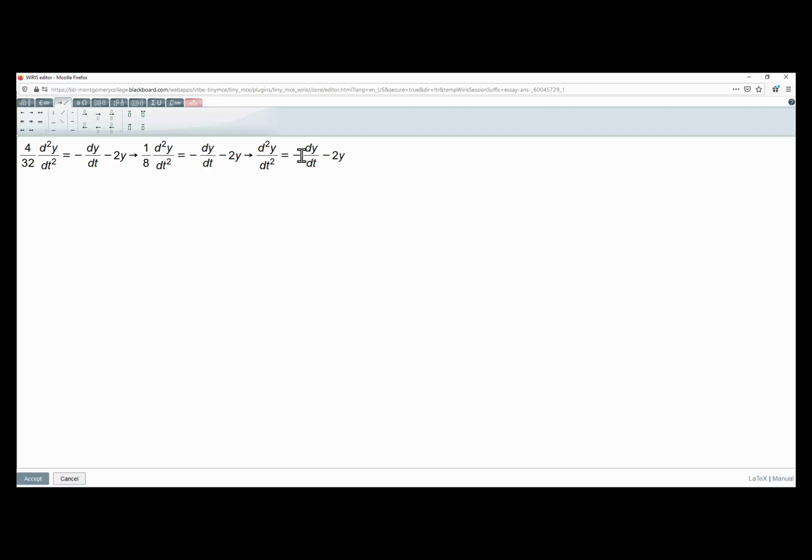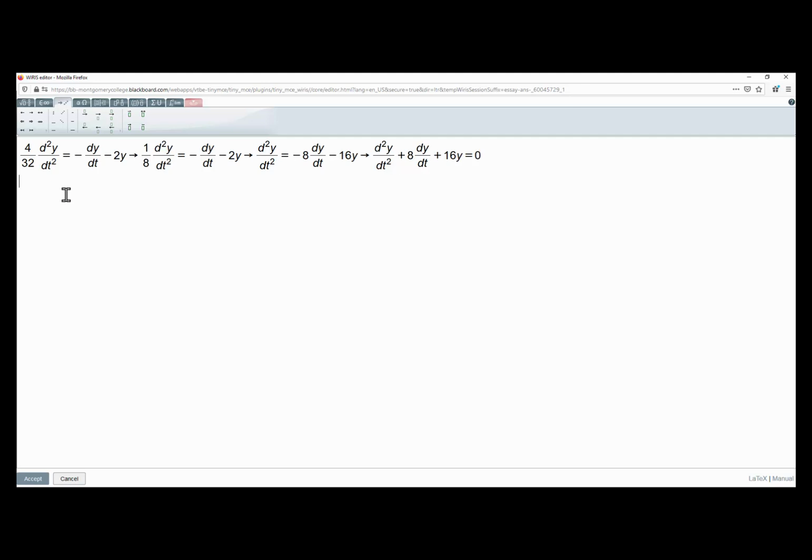Here we are just multiplying by 8, so this becomes a 16. If we move this part over to the left, the signs will change, so we have a plus sign here and a plus sign here, and equals 0.